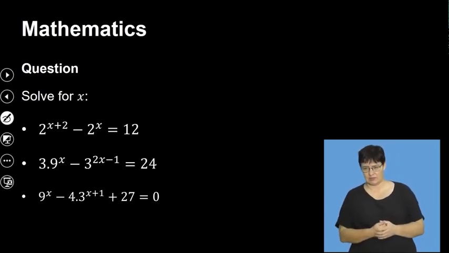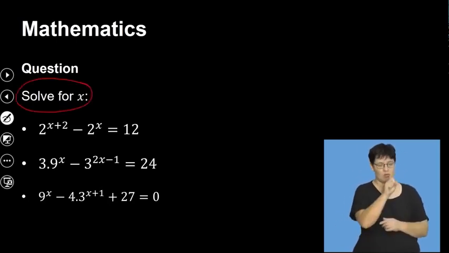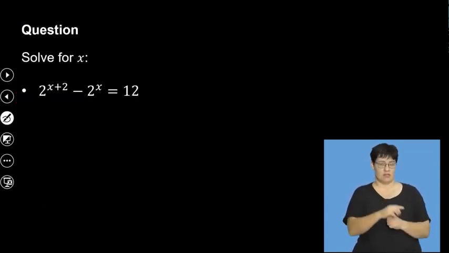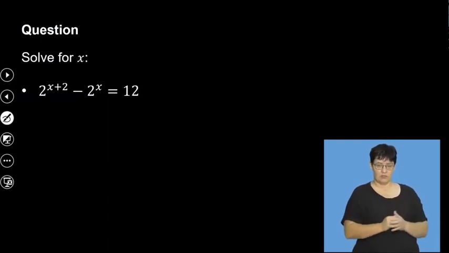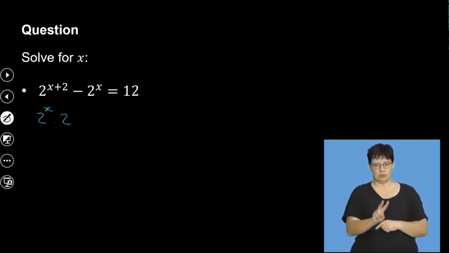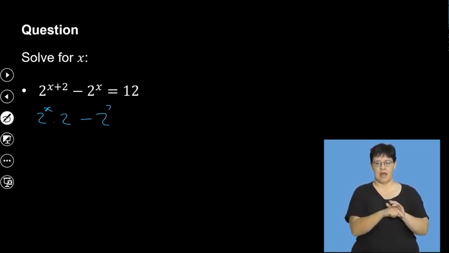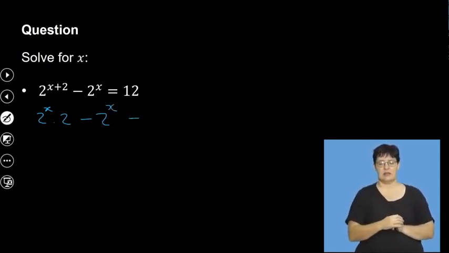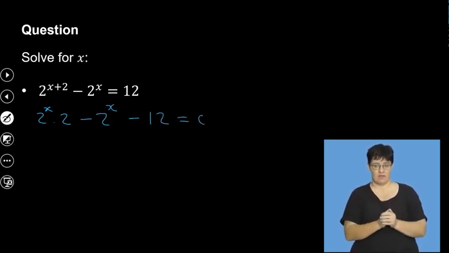The question, as always, will be solve for x, and to solve for x, you will need to look at what it is that you are given. So firstly, I will write this in standard form. In standard form, this is the same as 2 to the exponent of x multiplied by 2 squared minus 2 to the exponent of x minus 12 equal to 0.